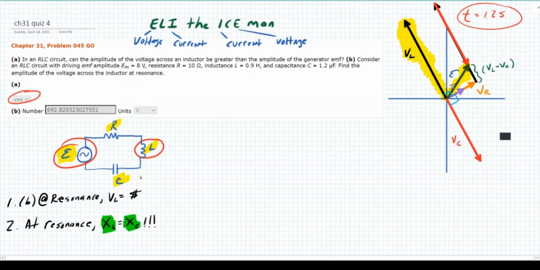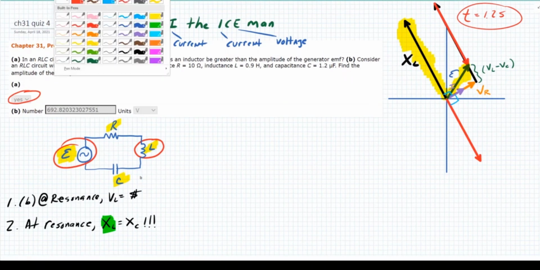Instead of representing voltages, I can use it to represent reactances and resistance. If I divide VL by I, this becomes X subscript L. If I divide VC by I, this becomes X subscript C. This is just Ohm's law.